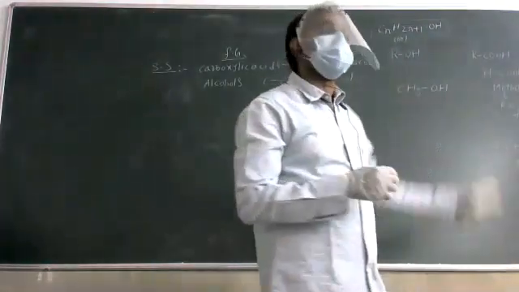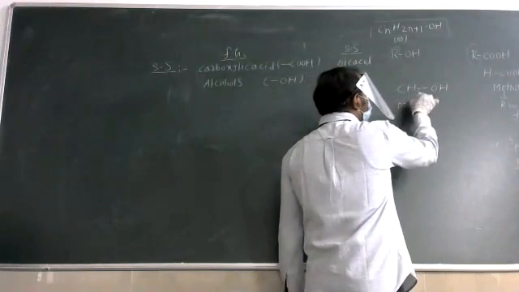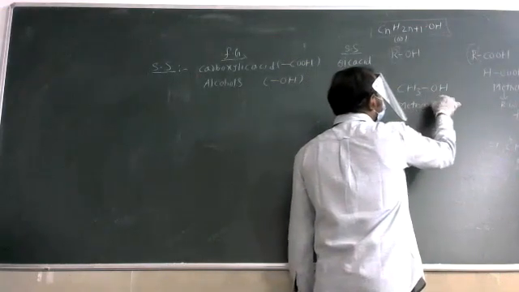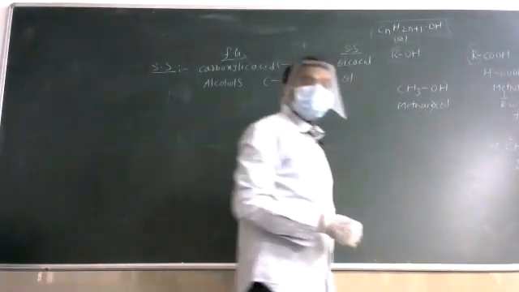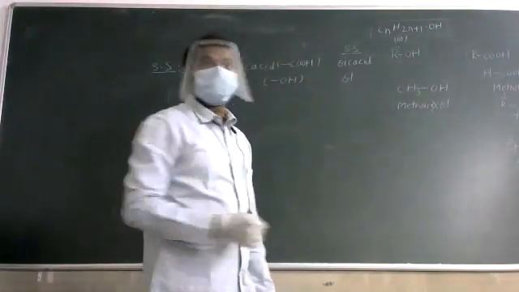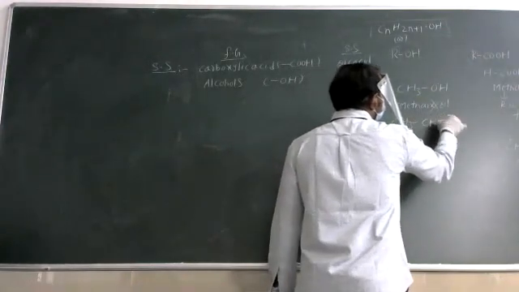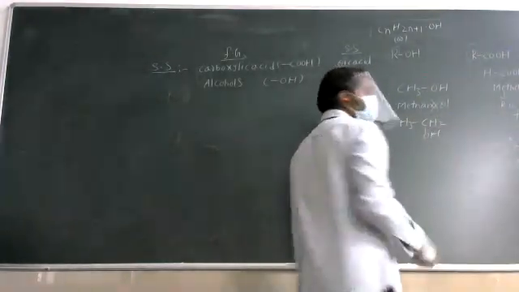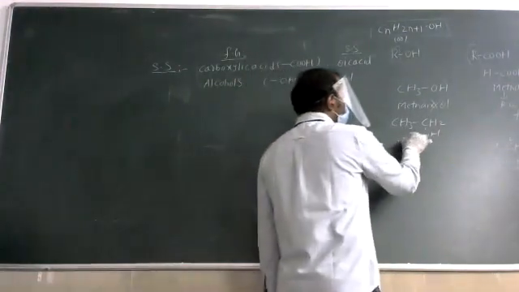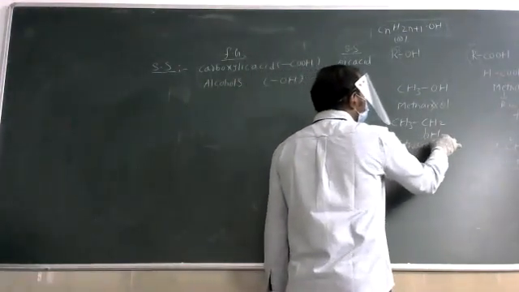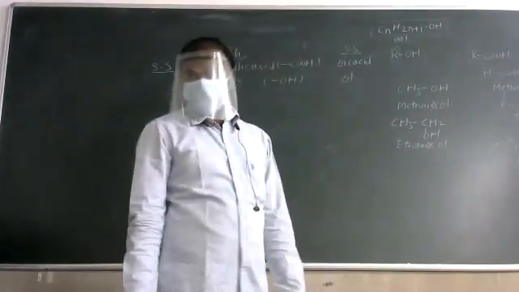What is the IUPAC name? According to root word, make primary suffix A, secondary suffix O. Methanol. What is the IUPAC name of the 2 carbon one? 2 carbons, single bond, A is replaced by O. Ethanol.